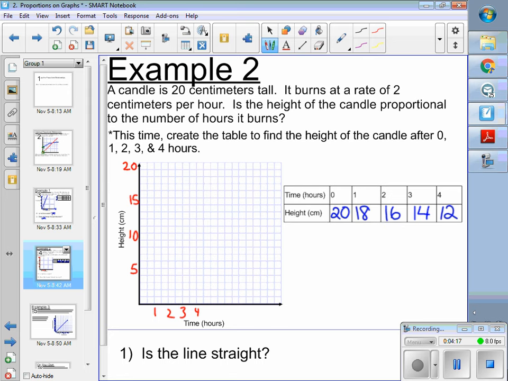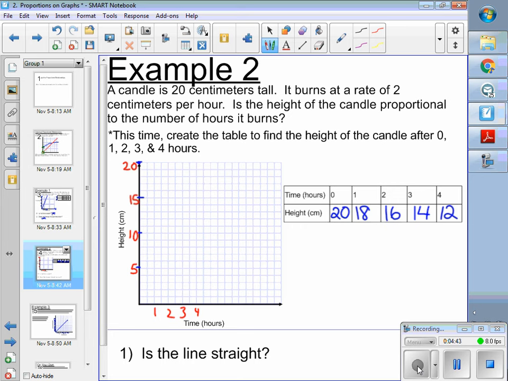So to graph this then, we'll stick with the same color. So we start here. All right. Sorry, I had to actually mark my marks. So 20 at 0 hours, so it would be here.